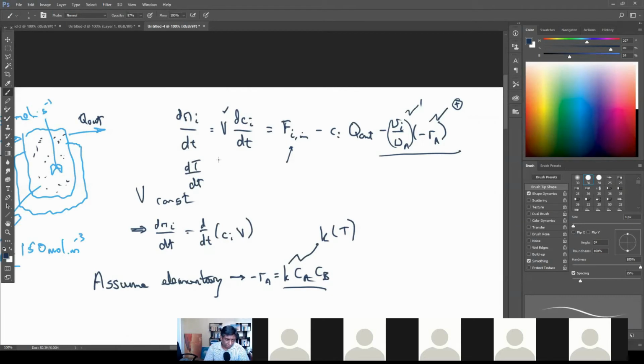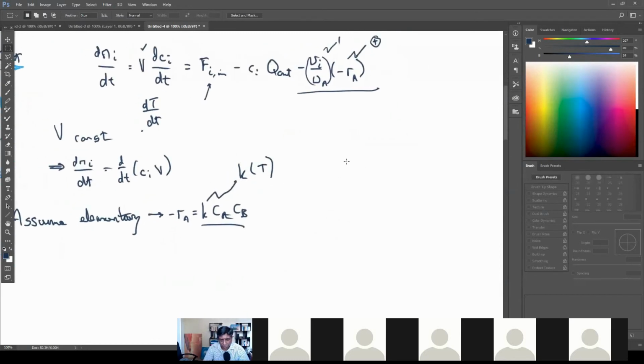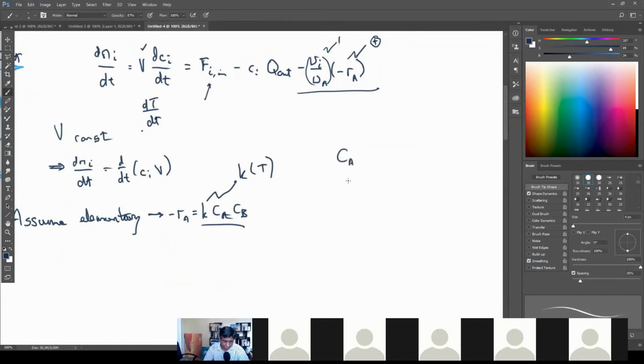So we can see here that we have a state vector, right? We're going to have a vector of concentration Ca, Cb, Cc, Cd, and T. And in fact, let's just call this the vector Z.